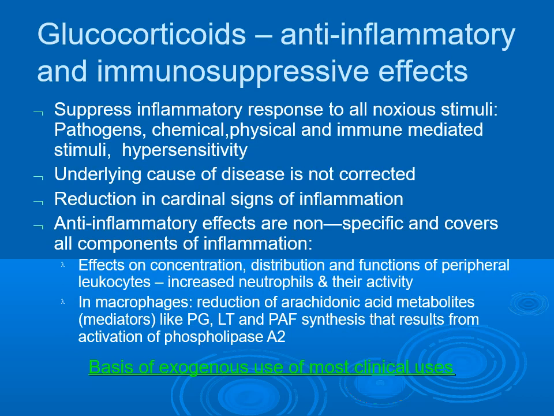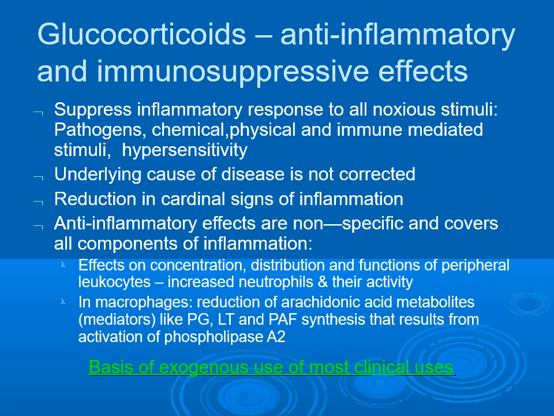Anti-inflammatory and immunosuppressive effects of glucocorticoids. Glucocorticoids suppress the inflammatory response to all noxious stimuli like pathogen, chemical, physical and immune-mediated stimuli. They reduce hypersensitivity reactions. Although the underlying cause of disease is not corrected, they reduce the cardinal signs of inflammation. These anti-inflammatory effects are non-specific and cover all components of inflammation. Effects on concentration, distribution and functions of peripheral leukocytes increase neutrophils and their activity.